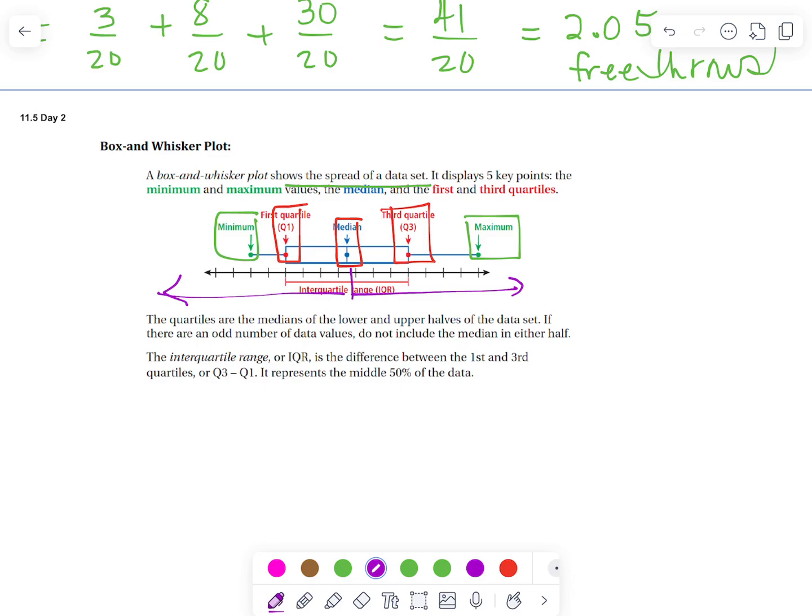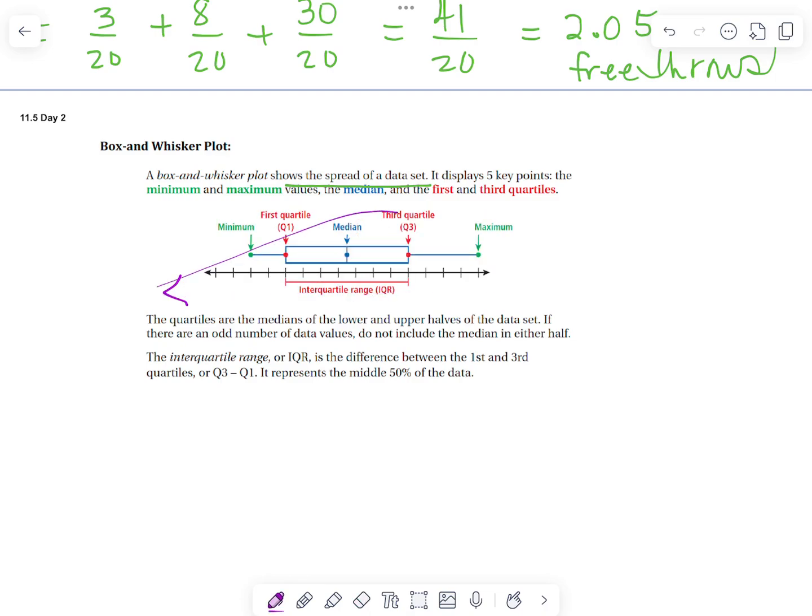The IQR represents where 50% of the data falls. So the IQR is the distance from Q1 to Q3. That's the IQR. This is where the middle 50% of the data falls.